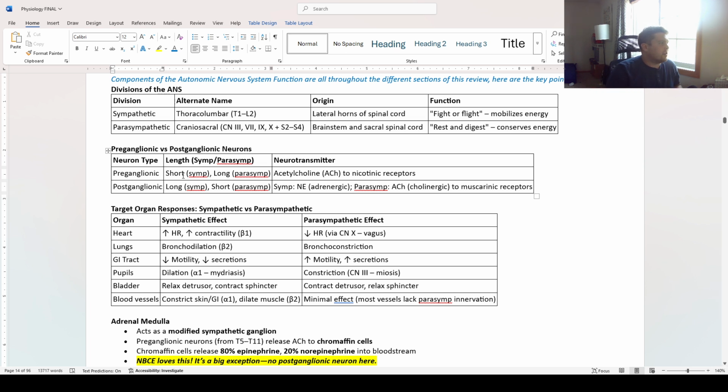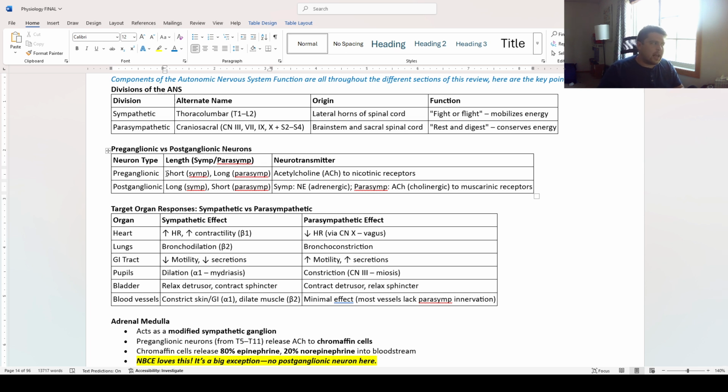And sympathetic versus parasympathetic have very specific traits when it comes to these things. So the sympathetic neurons, the preganglionic sympathetic neurons, are very, very short. It goes from the spinal cord into the sympathetic chain ganglion.